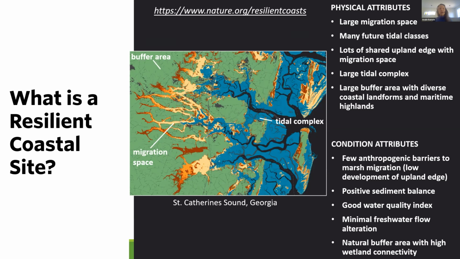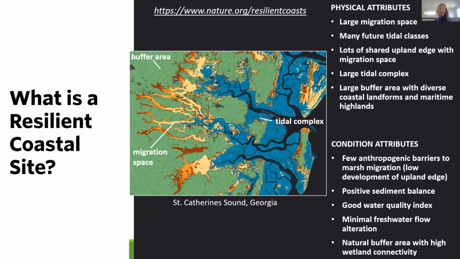And it has a relatively good sediment supply, good water quality, and limited freshwater flow alteration. We think that marsh will have the supporting condition attributes to help facilitate movement into its migration space.